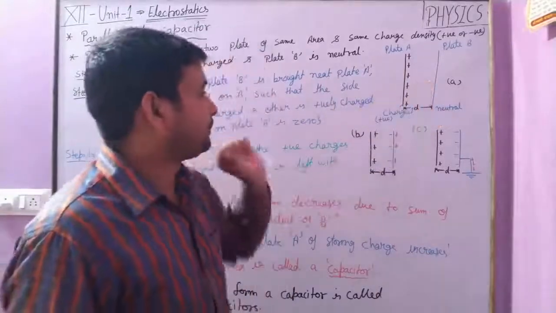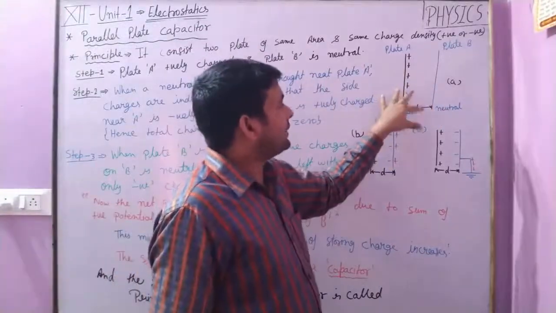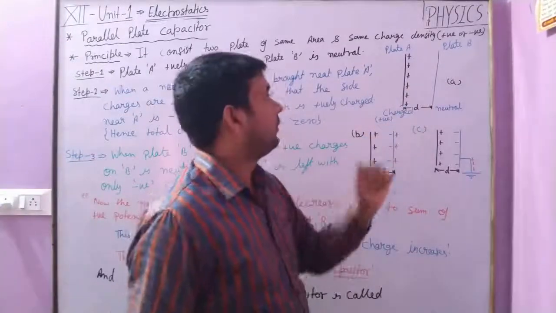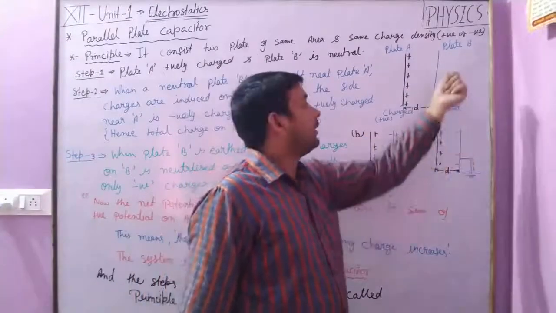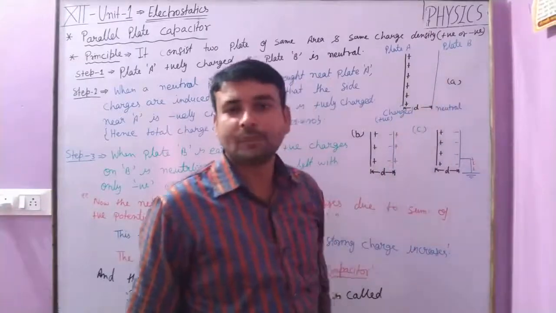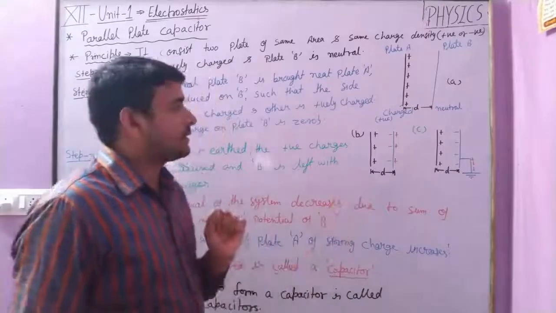Now to decrease the value of potential, what we do, we just keep a neutral plate, let's say plate B, near to it at certain distance.